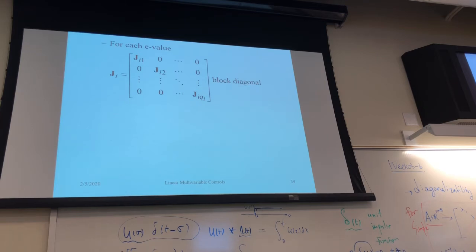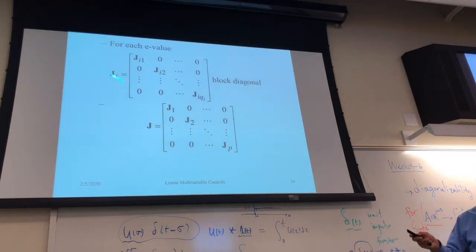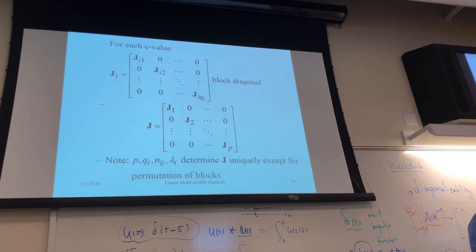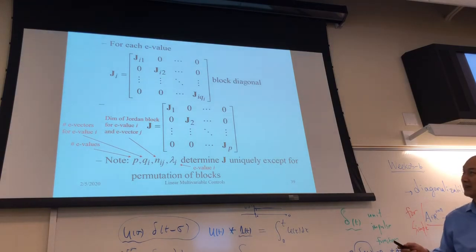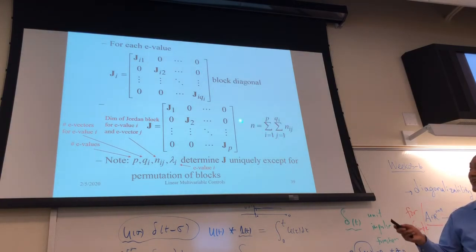So maybe this is not very easy to understand, but in the end you have a block diagonal of Jordan blocks, and each of those is itself a block diagonal of Jordan blocks. Maybe this is confusing, but let's check on an example. And of course, adding all these together, you will have dimension n.